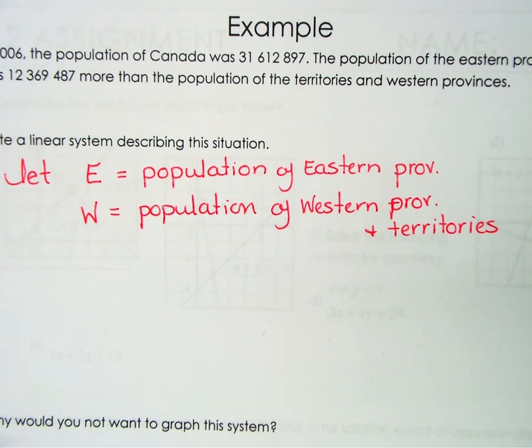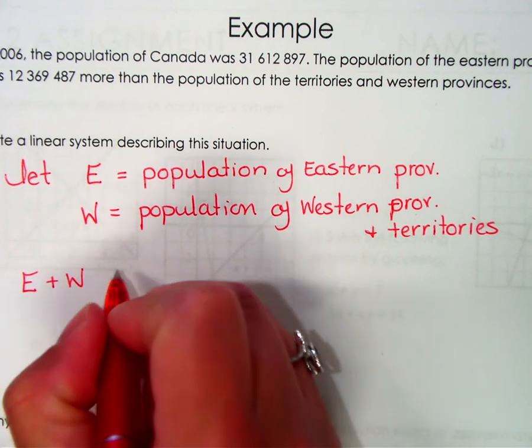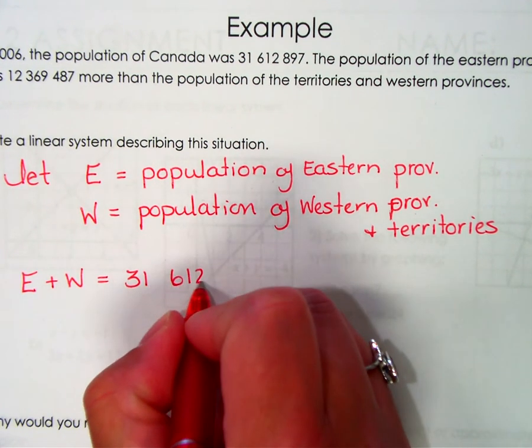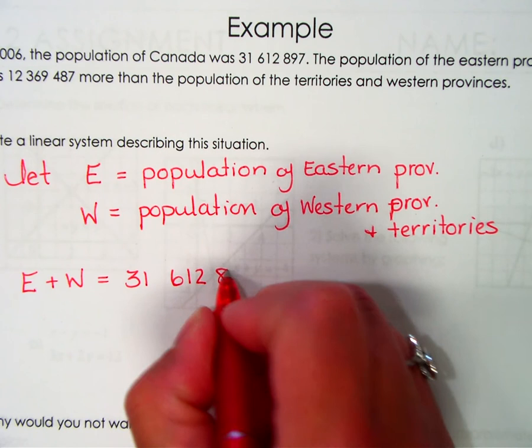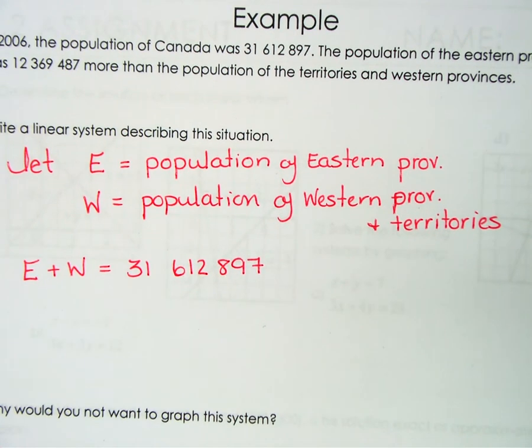So we know in total our population was 31 million and a bit. 31 and a half, we'll say. So we know that east plus west equals 31,612,897, because that's the total population.